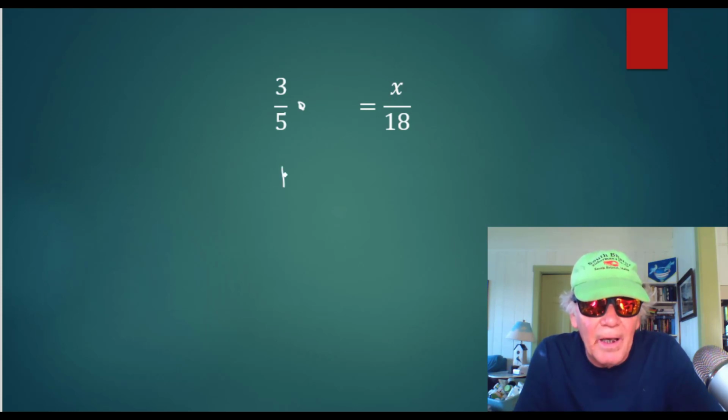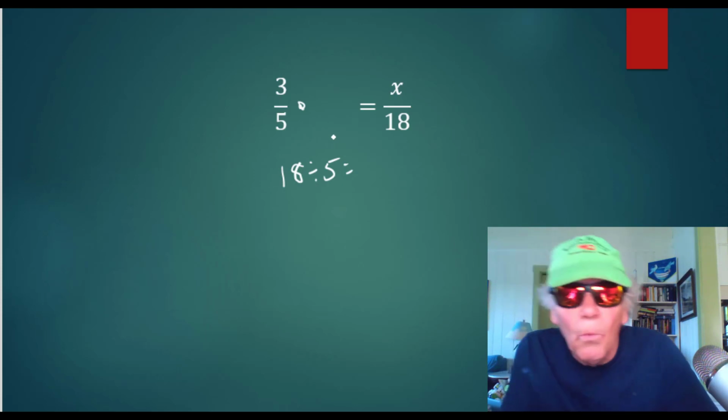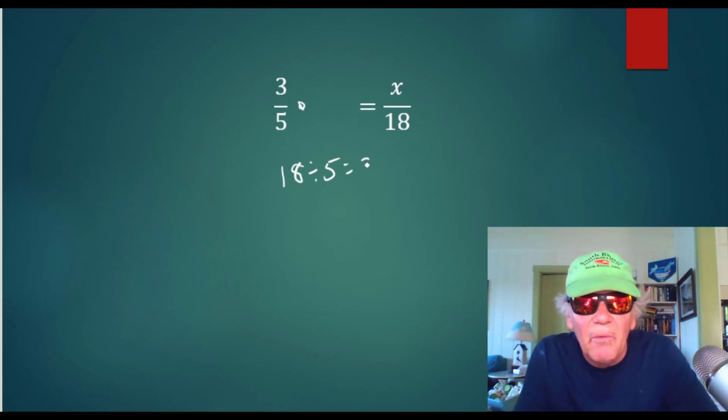How about if I take 18 and divide it by 5? What do you get? Well, I get 3.6. Now that means from the fact families, 5 times 3.6 is 18.